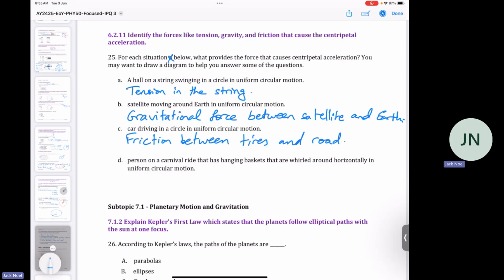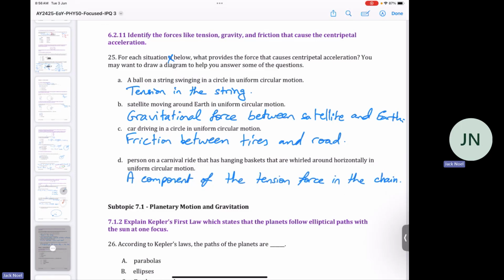So this basket is acted upon by a centripetal force, which is a component of the tension force in the chain.